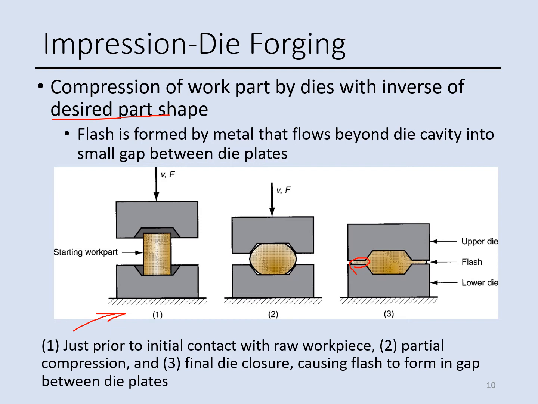So because of that friction in this area, the gap, the metal is gonna stay in this cavity to fill the die. In a hot forging operation, when the temperature is high, the metal flow is further restricted because of the cooling against the die plates.